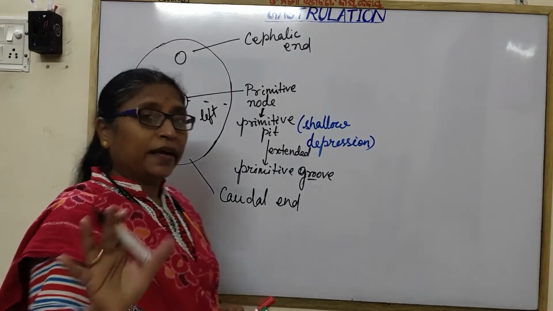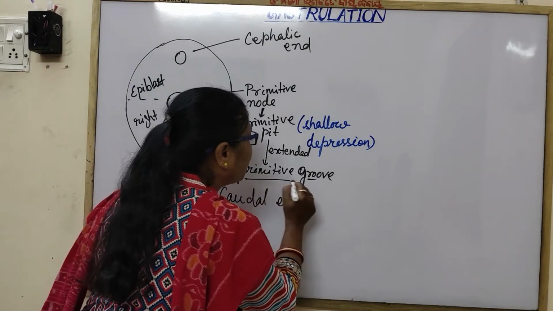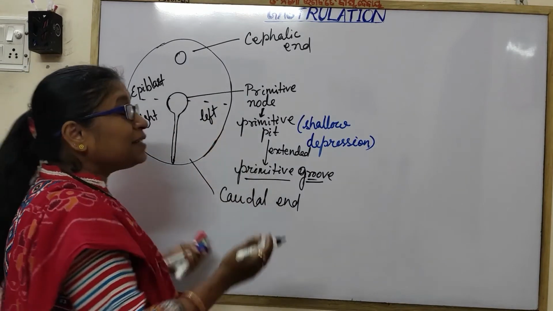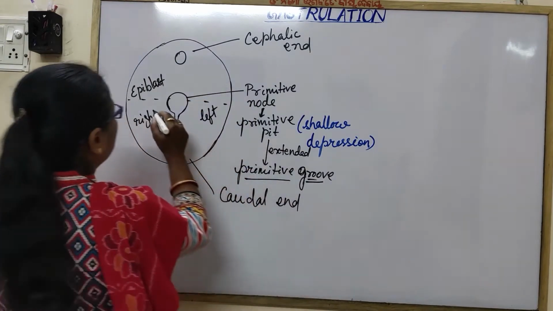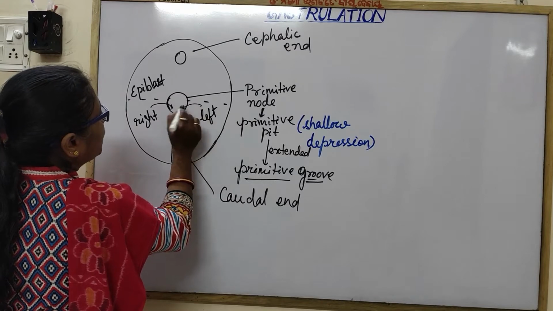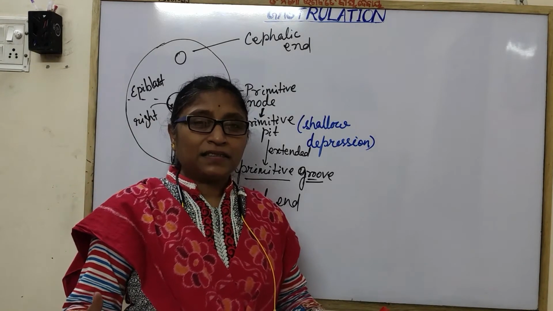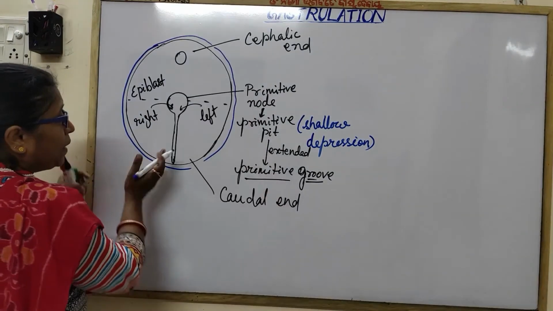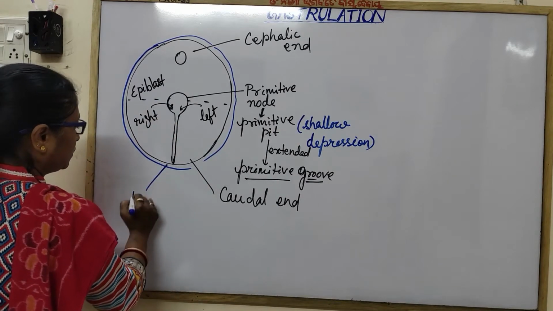As the primitive groove is formed, the cells of the epiblast from both sides migrate into the primitive groove. That begins the morphogenic movement of the cells. Below the epiblast, the hypoblast is here.